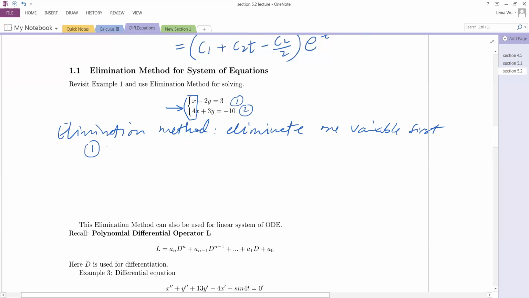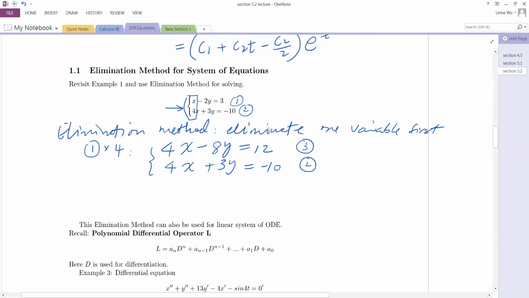So I can do equation 1 multiplied by 4. That gets us 4x minus 8y equals 12. And then along with the original equation 2, it's 4x plus 3y equals negative 10. This is the original equation 2. I'm going to name the equation multiplied by 4 as equation 3. So this would be the new system.